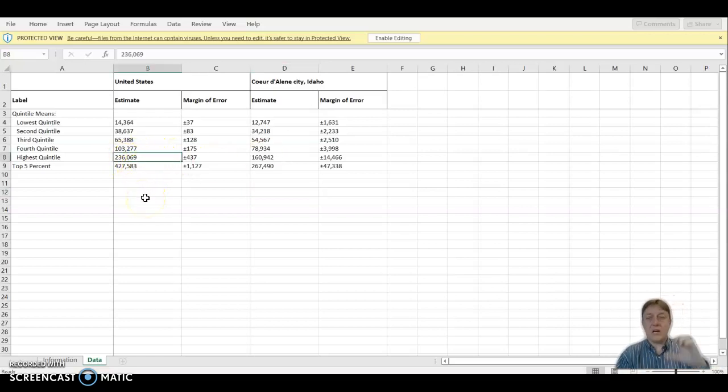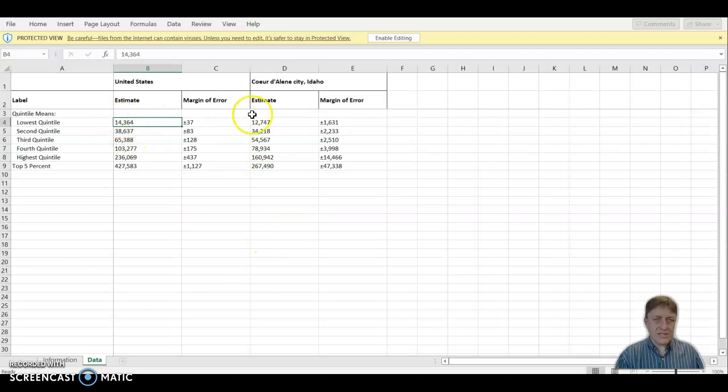On average, the highest 20% earned $236,069 in the 5 years ending in 2020 in the United States. But that is only, and I say only, knowing that that's a pretty advantageous place to be regardless. The average for the top 20% in Coeur d'Alene is a little bit more than $70,000 less.